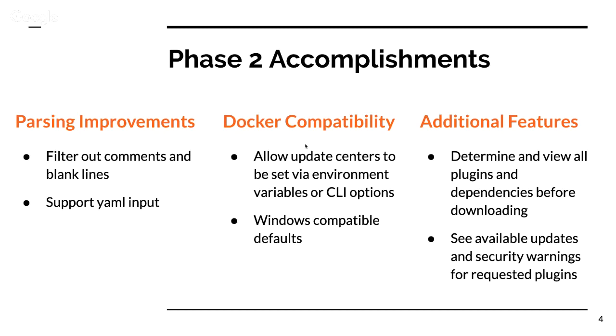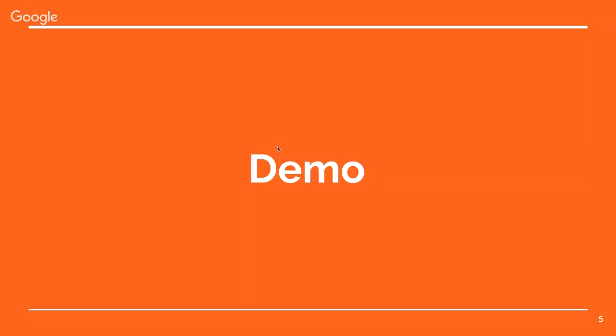And then the last big bucket is just additional features that people would actually want to use. So this includes being able to see the plugins and their dependencies before you actually download them, being able to see available updates and security warnings for your requested plugins. Okay, so next I'll just do a quick demo.